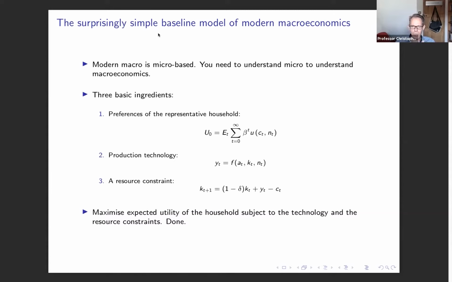So in the basic macro model nowadays, we have three basic ingredients. The first ingredient is the preferences of a so-called representative household. And this equation here, if you've never seen this before, might look reasonably horrifying, but it doesn't really. This is just a utility function.